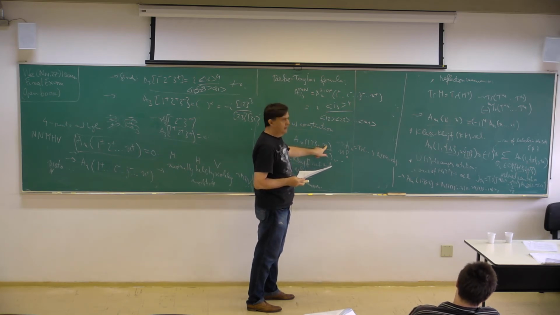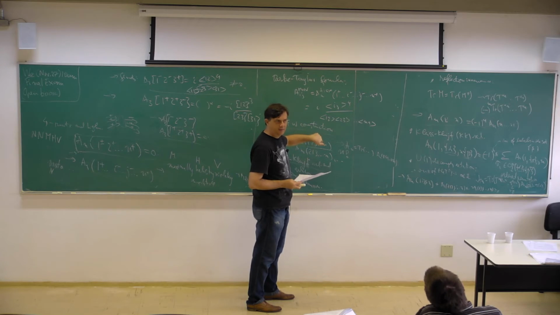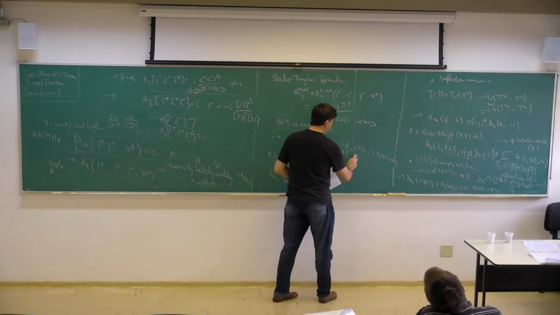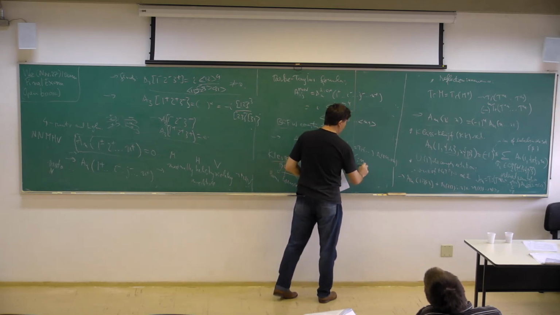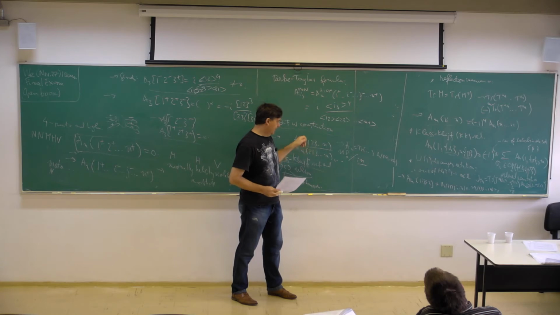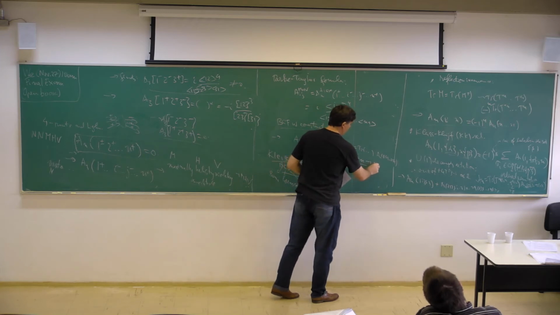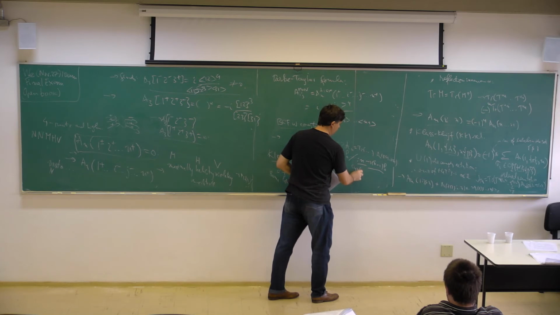But I know that these are color ordered, and cyclicity is irrelevant here. That must give us a division by n, since n cyclic versions of a given amplitude are identical. So I divide by n, and I'm left with (n minus 1) factorial from cyclicity.